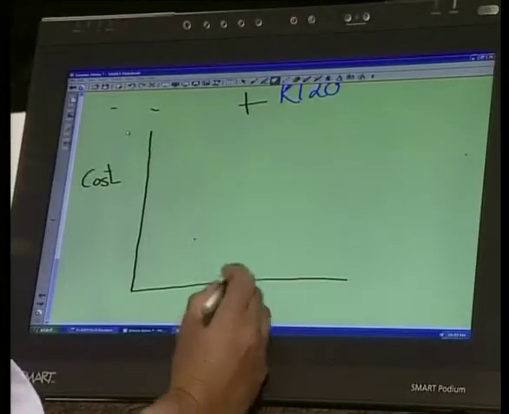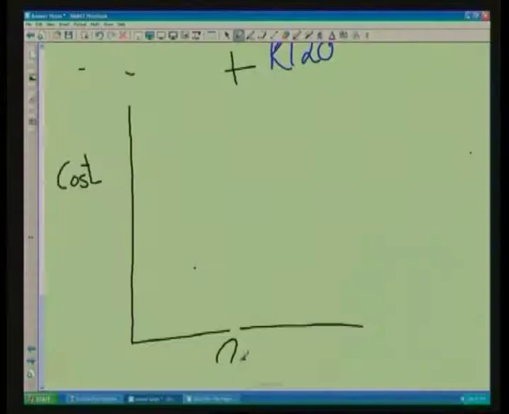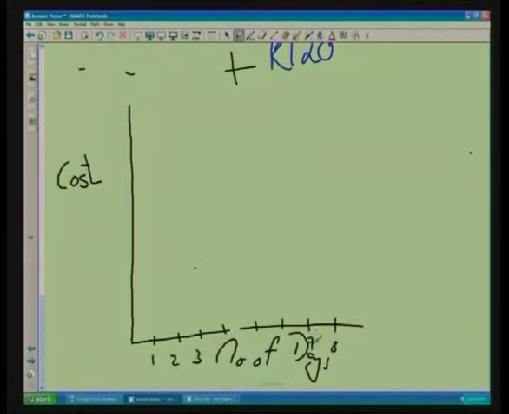My vertical axis is the actual cost. My horizontal axis is going to be the number of days. And we know we are working 1 day, 2 days, 3 days, 4 days, 5 days, 6 days, 7 days, 8 days. We would write those figures at the bottom of our axes.